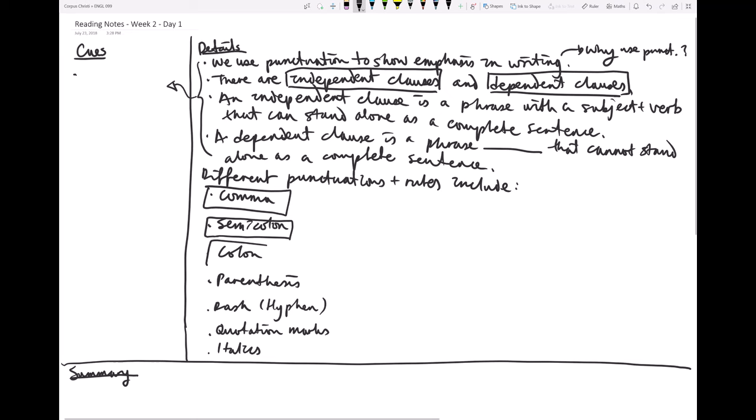Colon could be by itself, then parentheses and dash could be together, and then quotation marks and italics could be together. So you might have 1 page, 2, 3, 4, 5, and then this can be its own page right here, you see? So that could be another page.